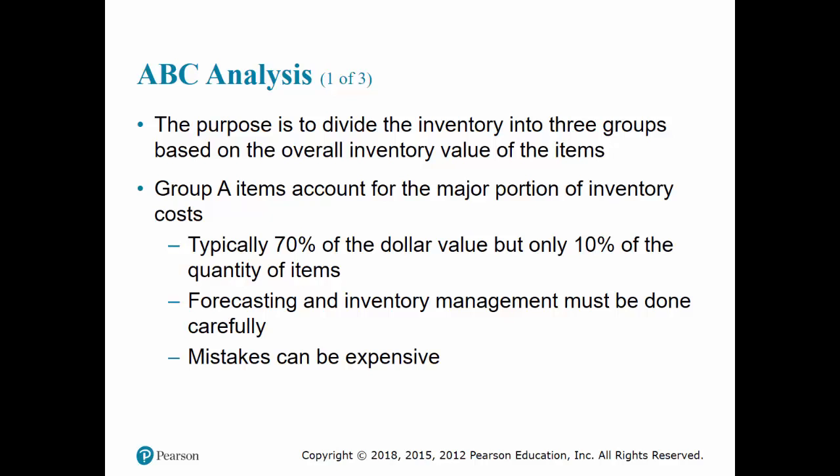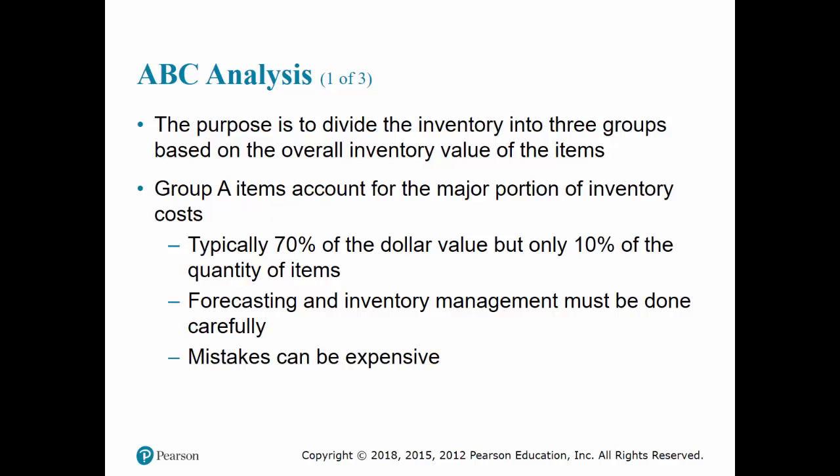Typically, if you look at companies, and empirically this can be seen, a small part of your inventory will cover a large amount of dollar value spent on inventory. So if you focus your managerial resources on these few items, then the potential for cost saving is really high.